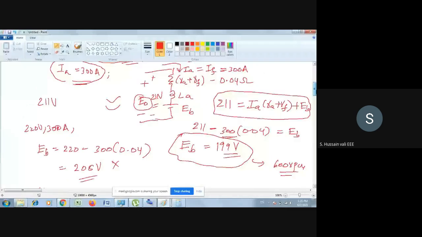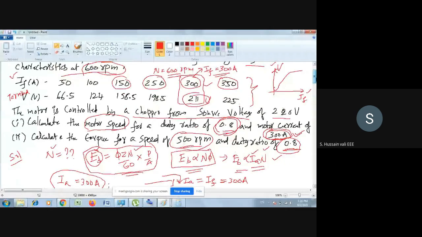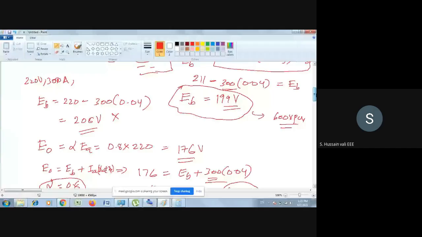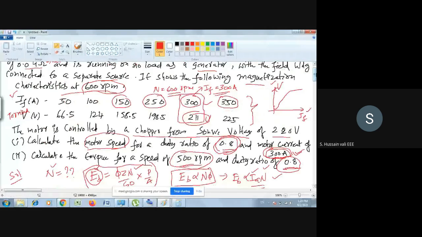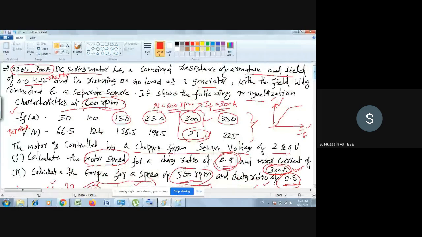What about the ratings? The ratings of the series motor are 220 volts, 300 amperes. From the ratings of the series motor, somewhere we got a value here. EB we got a value as 208. And the magnetization characteristics we got here at 600 rpm.